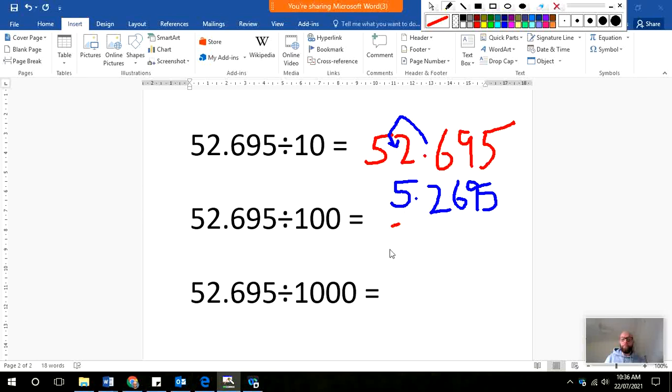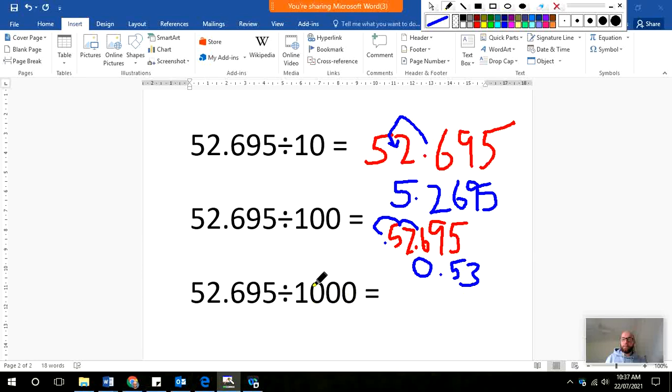So if we write again, 52.695, this time it's 2 places we're moving it. So 1, 2, it goes at the start there. And because there's nothing at the start of that decimal point, we put a 0 in. So that becomes 0.527. I'm going to round this off so I don't have to write all of them. And look at the last one.